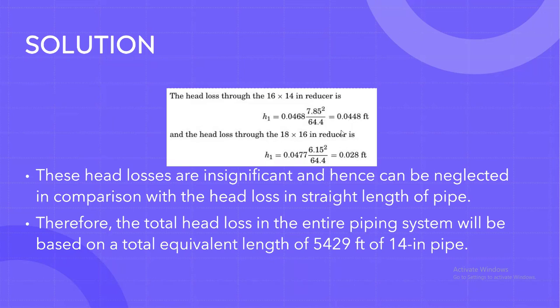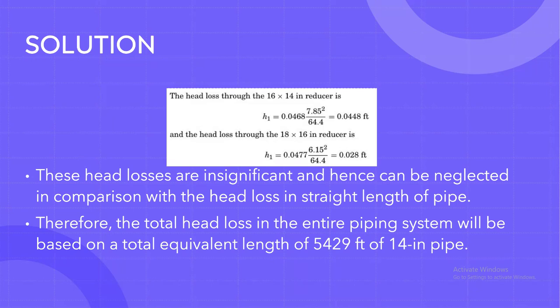You get that. Same applies for the 18 to 16, we get 0.028. You see these head losses are minor, that's why you call them minor head losses, as I explained in the previous presentation. So these head losses are insignificant and hence can be neglected in comparison with the head losses in straight lengths of pipe.